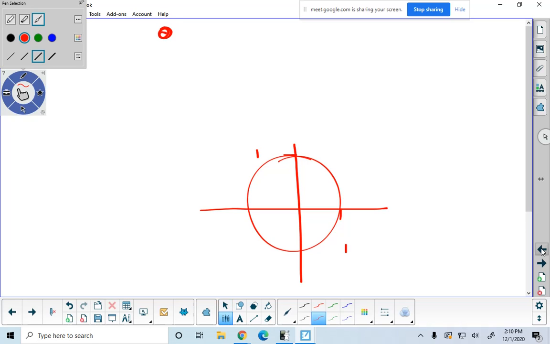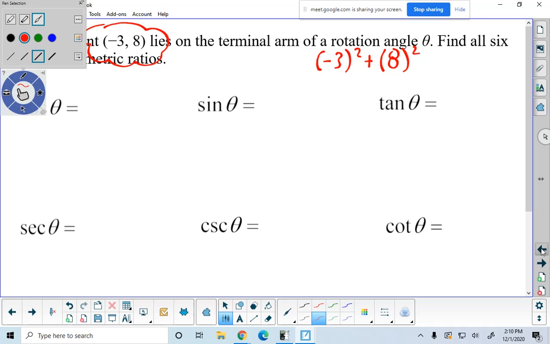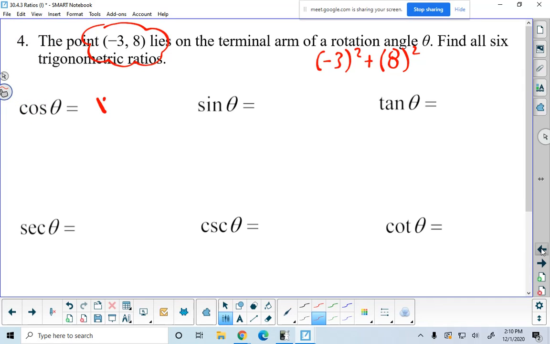So, what's the point here? In the previous question, we wrote x for cosine and y for sine because it was on the unit circle. This is not on the unit circle, so we have to do this. Tangent is still y over x. What does that mean?